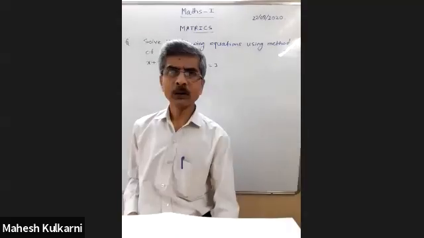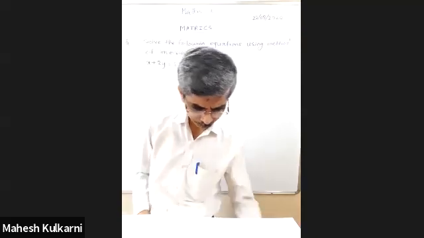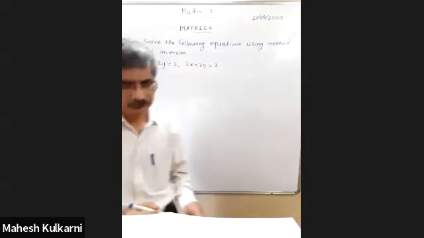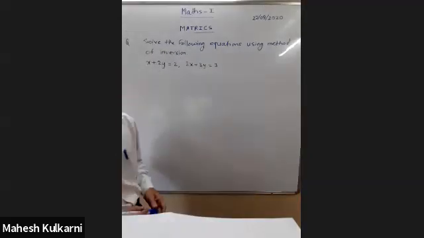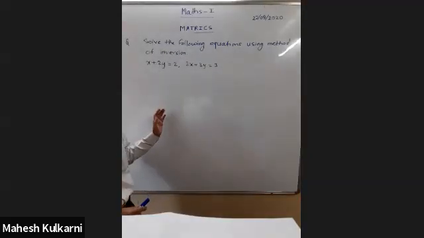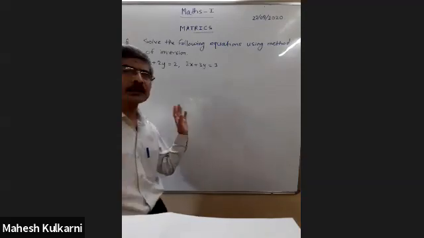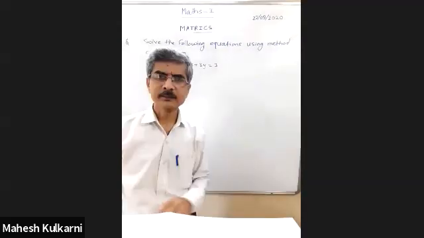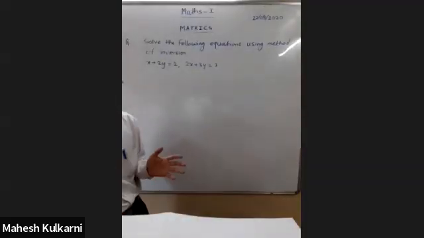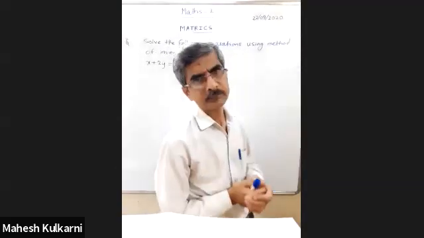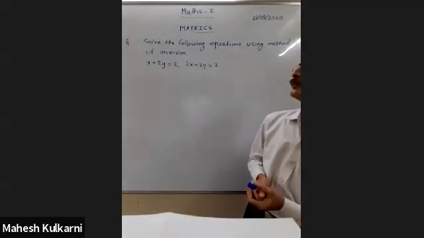So friends, you are familiar with this type of pair of equations, which we call simultaneous equations, and up till now in 10th standard, 11th standard, we have seen different methods of solving this. Algebraic method is there, elimination method is there. Also, we have studied Cramer's rule in determinants.